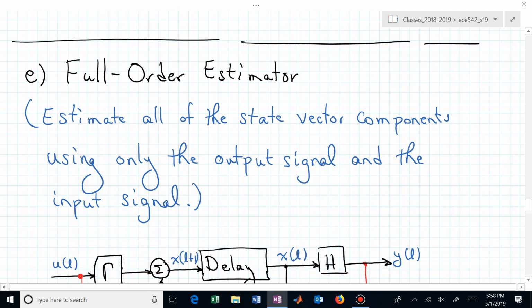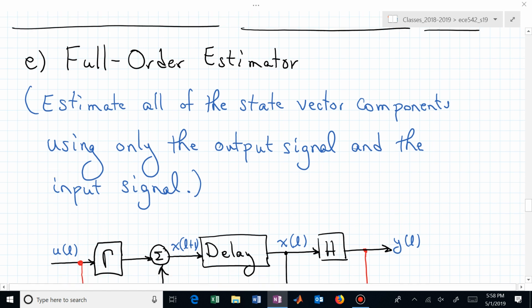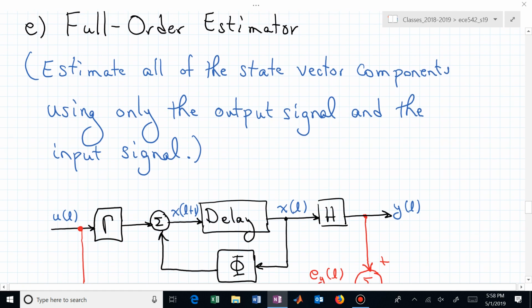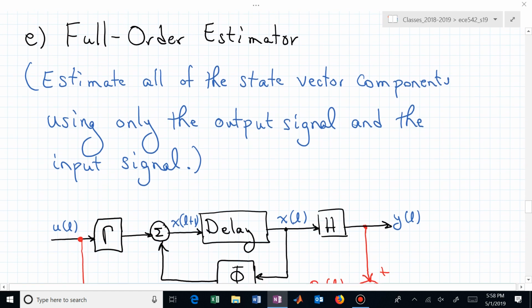Two more. This one is now our full order estimator. This one is saying, can you actually estimate x if we can't go in and access x? If our system now is, let's say, some rocket engine, or we're trying to control this very dangerous system in terms of sensors, maybe we can't sense all of our state variable components.